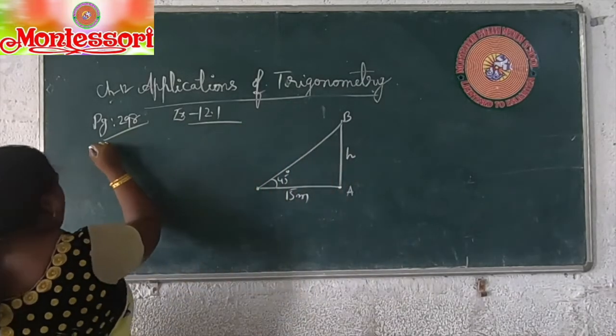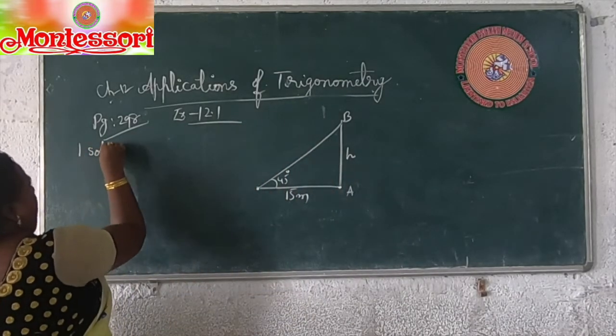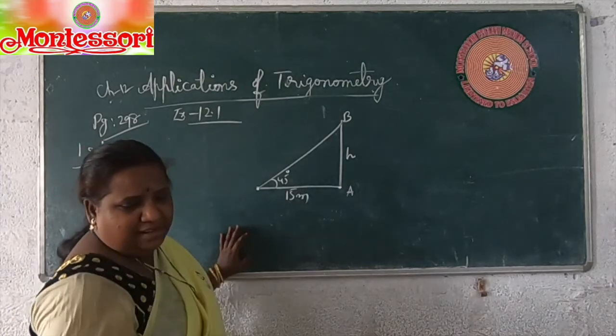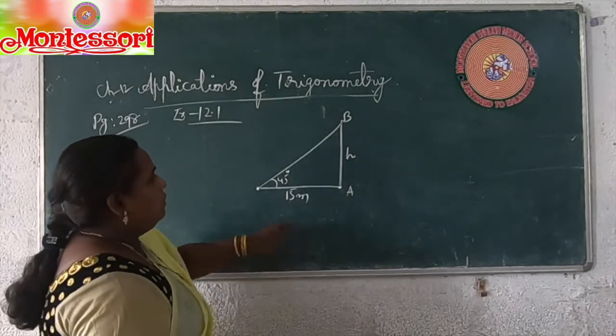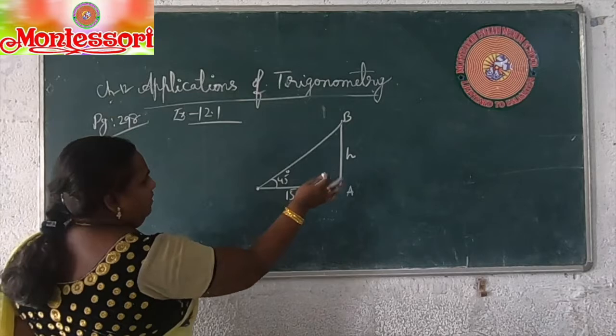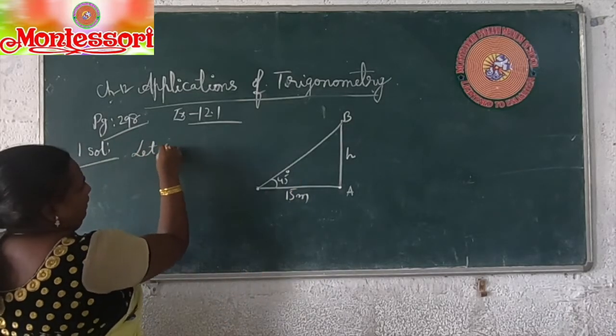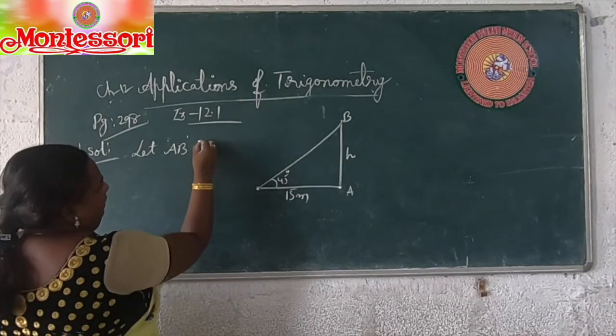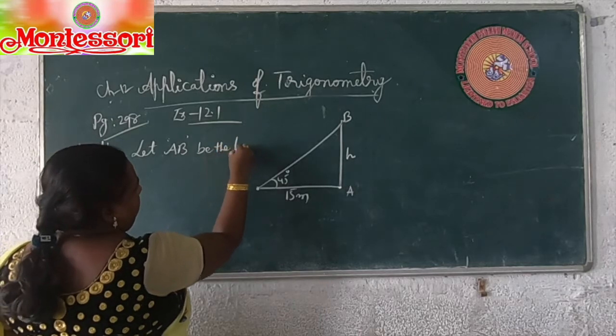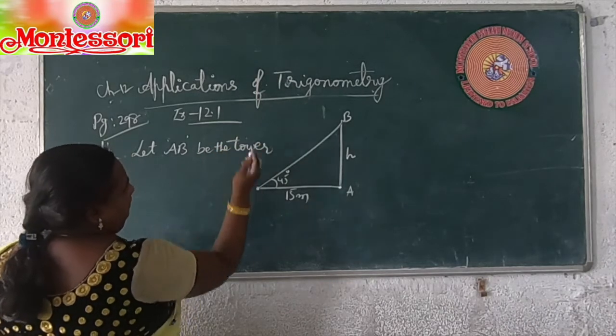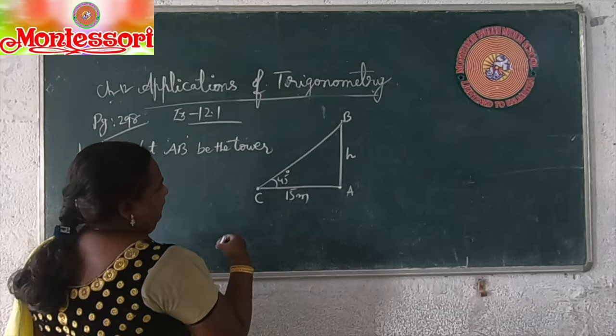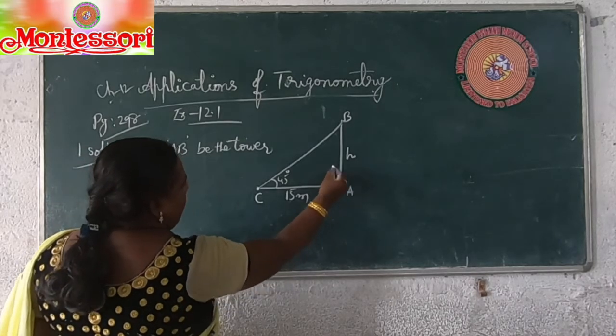Here you can write the solution first. I am not writing the question because it is very lengthy. Now just see what is given here. Let AB be the tower. Its height is H, and this is 90 degrees.